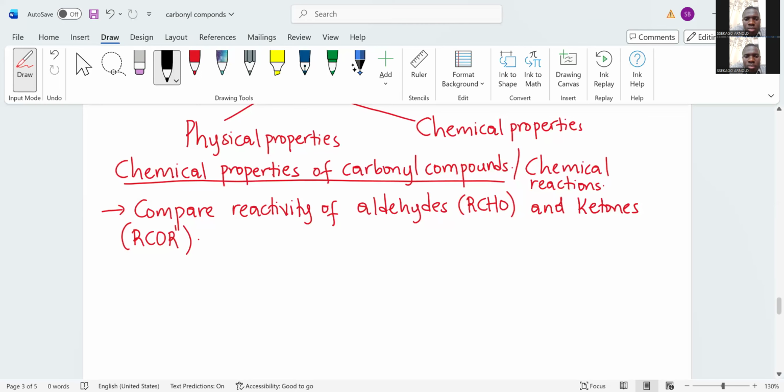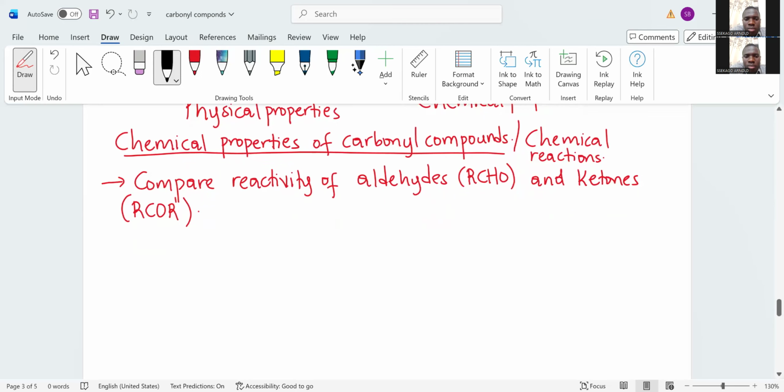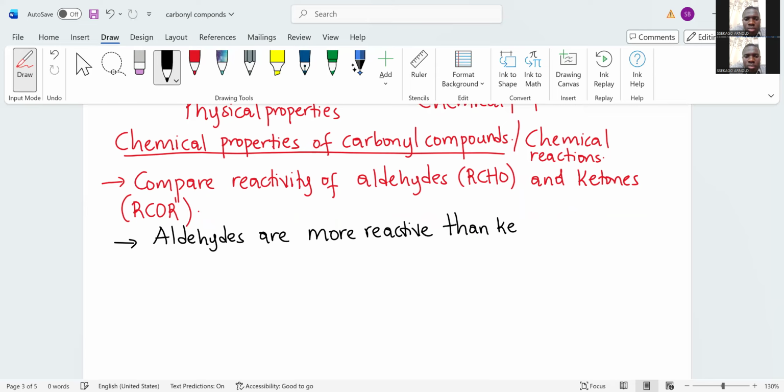In simple terms, what will be the rate of reactivity of the two classes? I want to claim that aldehydes are more reactive than ketones towards nucleophilic addition reactions.